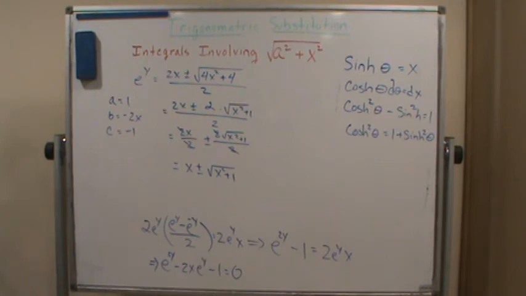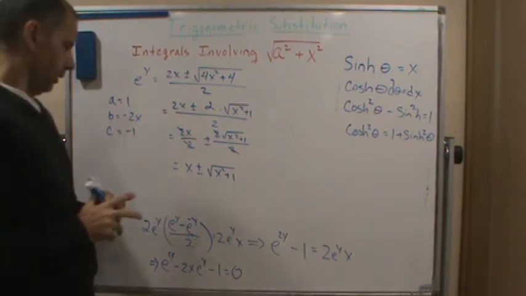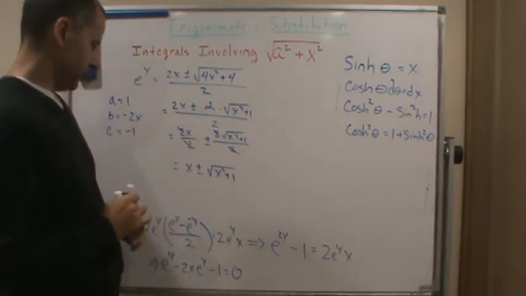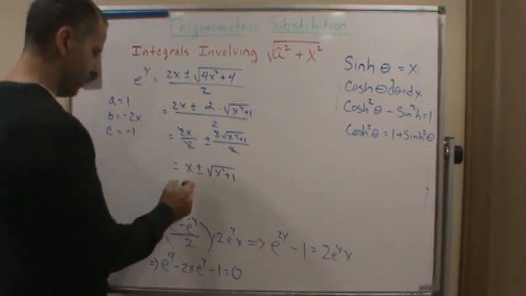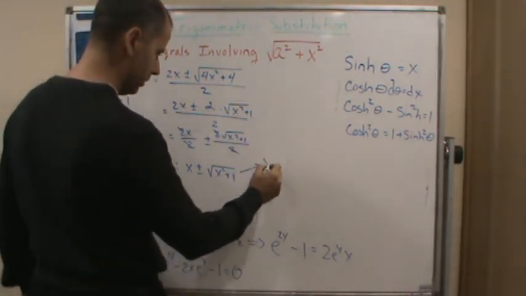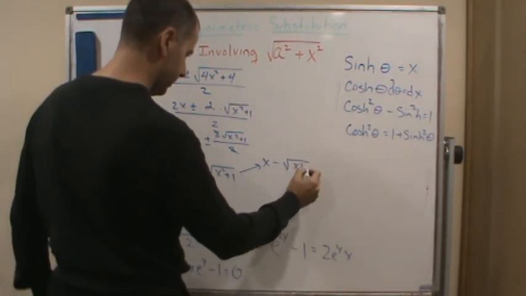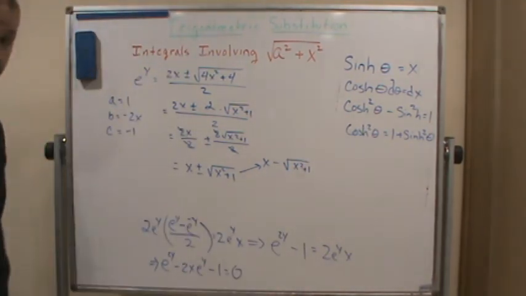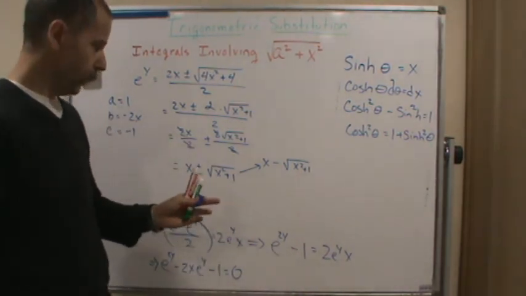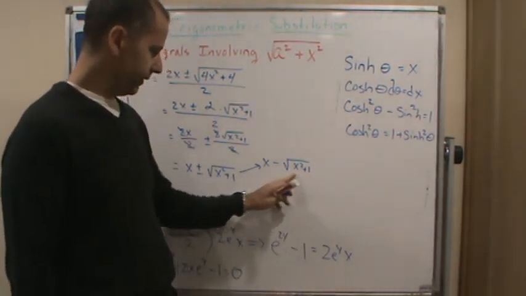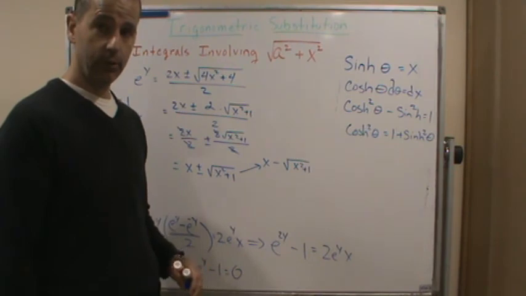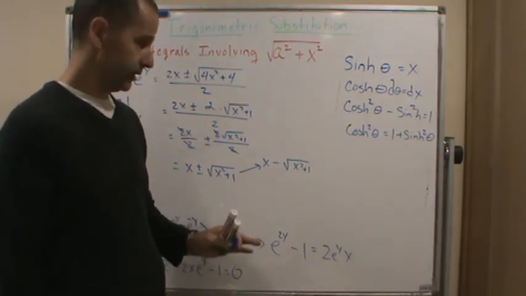Now, I've got a plus or minus here. So if I look at the minus, well, from the previous video, you should know why this is going to be negative for all values of x.